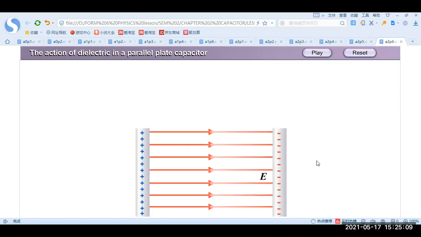Next, consider two plates charged with positive and negative. Once the two plates are near to each other in a medium of air or vacuum, this creates a region which we call the electric field.